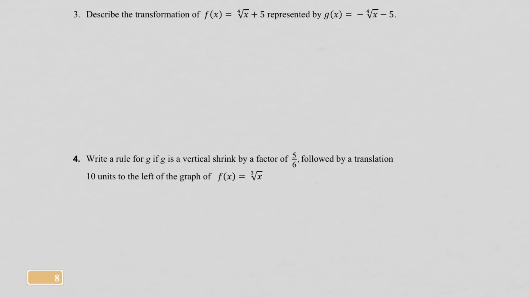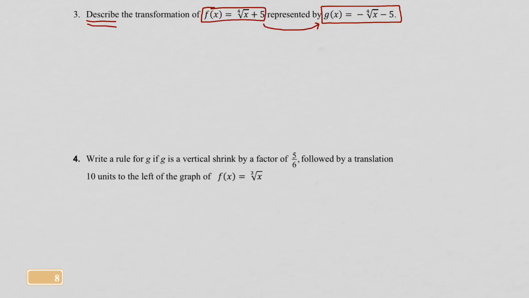It sounds a little bit confusing, but what it's asking us is, this is our first, and this is the second. How did we get from here to here? So it wants us to describe that transformation.